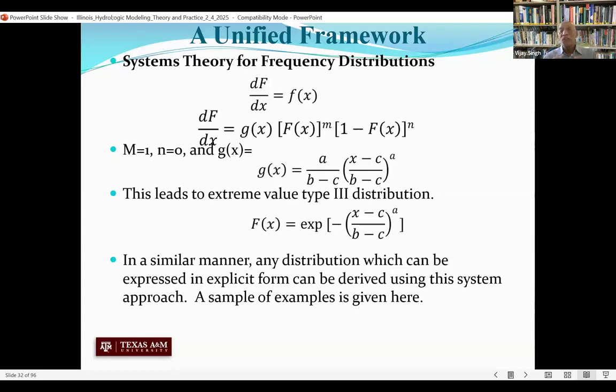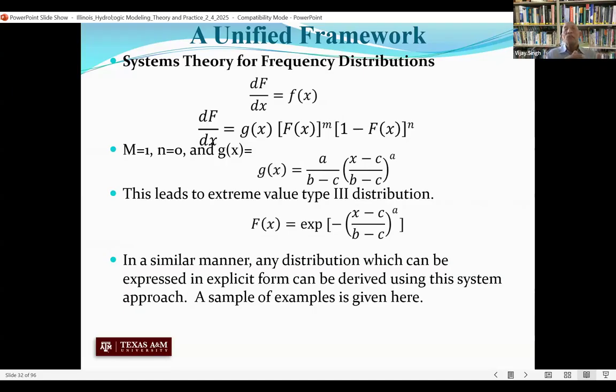You can intuitively feel that the probability density function will be higher if the event has not taken place, and lower if the event has taken place. That's what 1 minus F of x, the survival function, says.